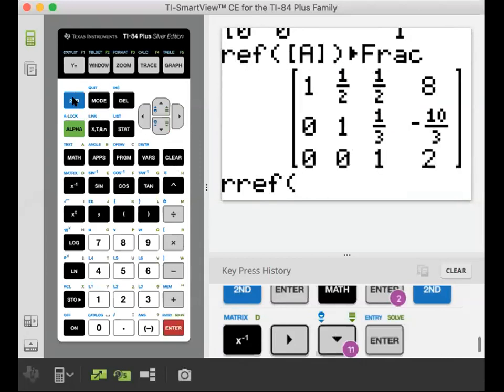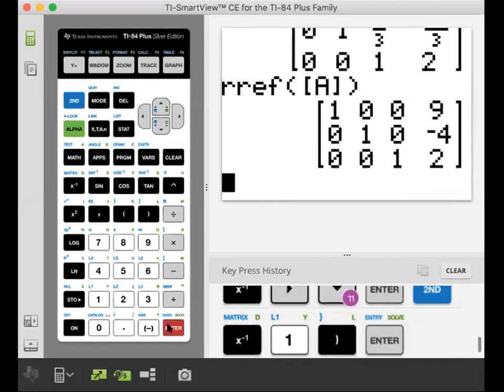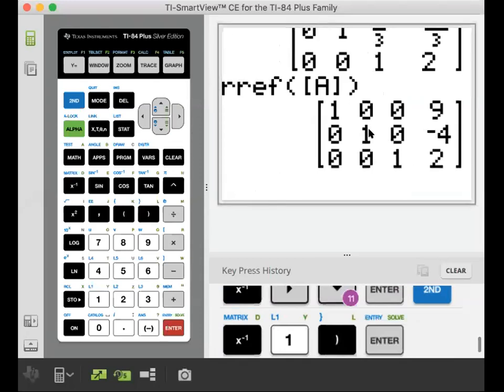Well, if this works, it'll be ultimate, right? Second matrix 1. And all done. Because if it's in reduced row echelon form, the system of equations that relates to it is z equals 2, y equals -4, x equals 9.